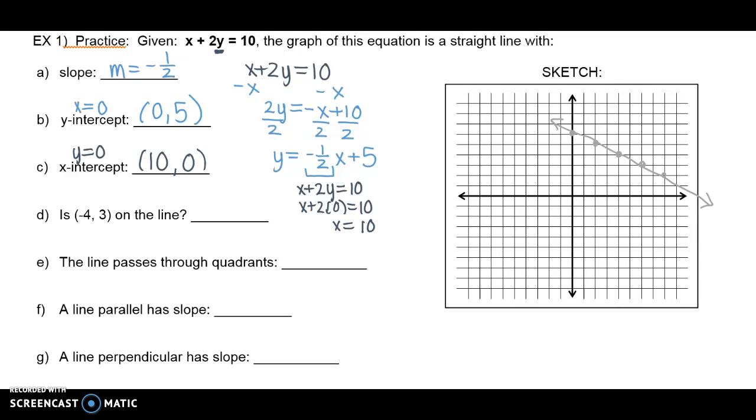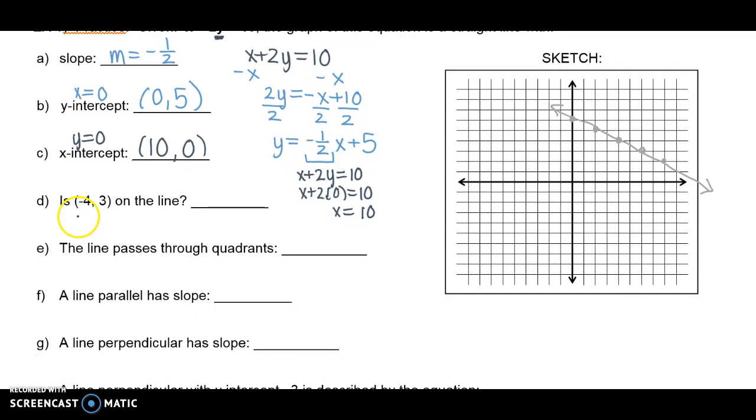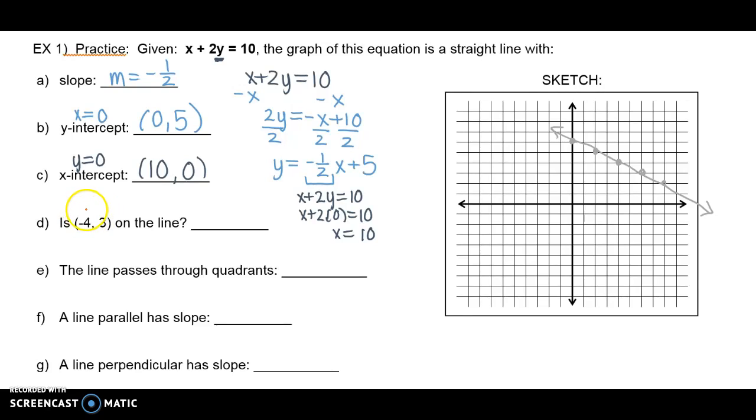Cool. From there, we're testing to see if negative 4, 3 is on the line. I think the best bet with this is to use this ordered pair x comma y and plug in negative 4 into x in this function. So it will just be read as negative 4 plus 2 times 3 equals 10.